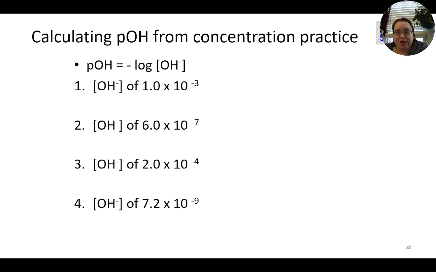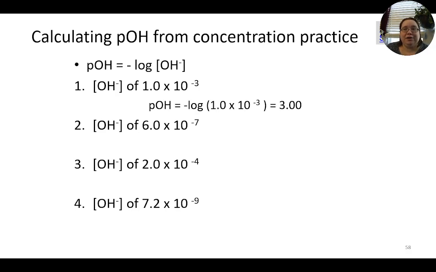If it is hydroxide you're taking the negative log of, if it's an OH, then you are finding pOH. If it's the hydronium or the hydrogen, then you're finding pH. So that is where students get tripped up, is when we start looking at these mixed together. Pay attention to what concentration you're playing with. The math is easy. You just type it in the calculator.